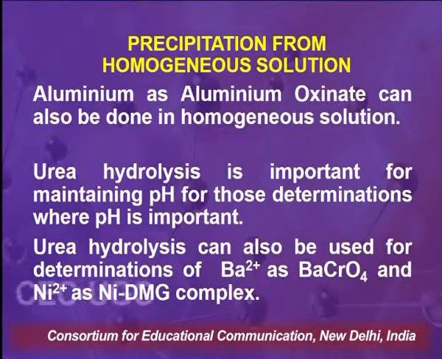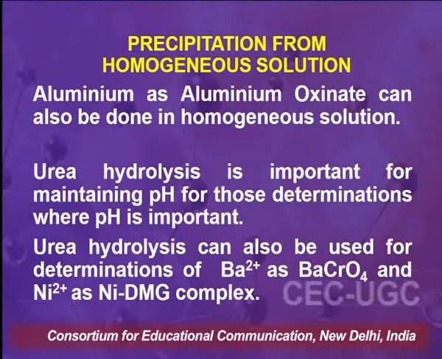Aluminium can be precipitated as aluminium oxygenate, and this can also take place in homogeneous solution.